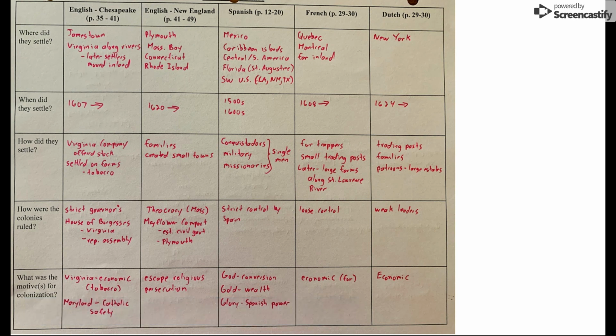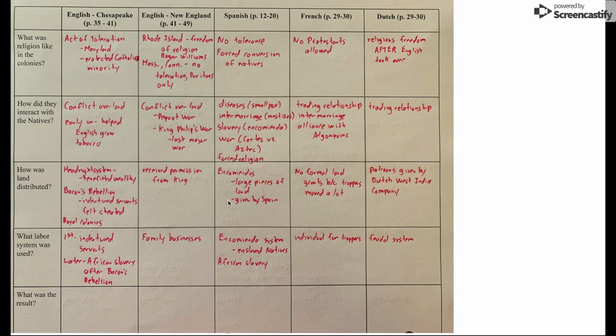And so they're looking for converting natives. They're looking for wealth with the gold, and glory, the kind of power for Spain, that nationalism that we talked about before. Okay, on the backside here, when it comes to religion, they had very little tolerance for any other religions, native religions or any other kind. And they were forcing the conversion of natives, which kind of goes along with the encomienda system like we talked about.